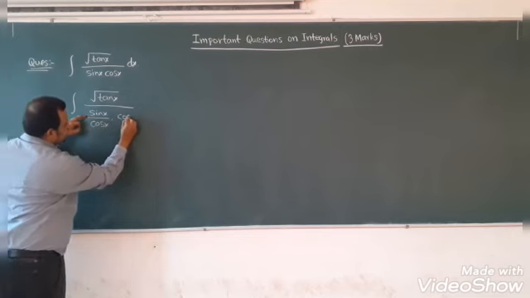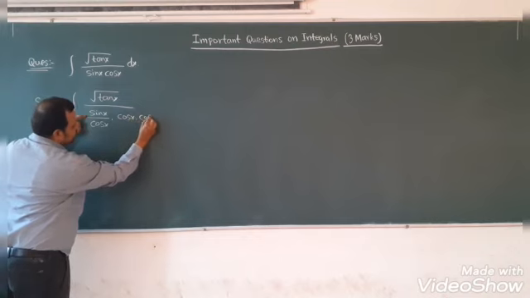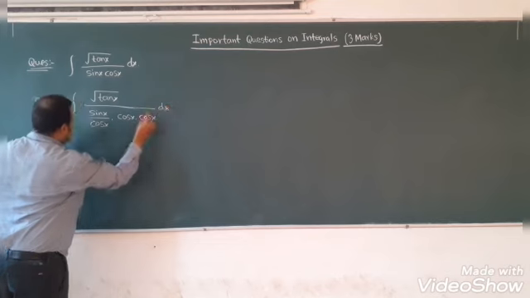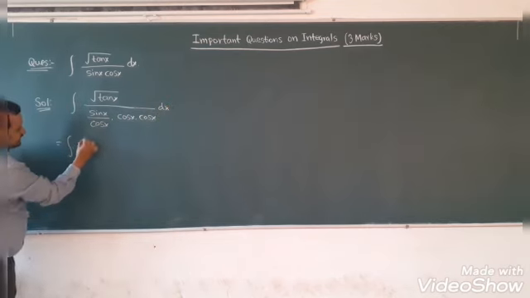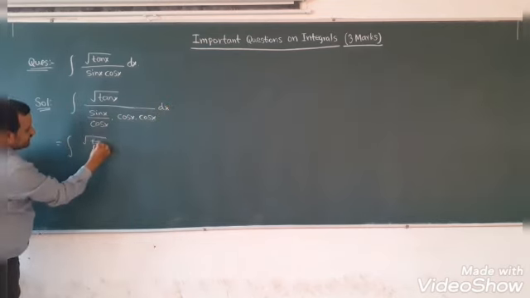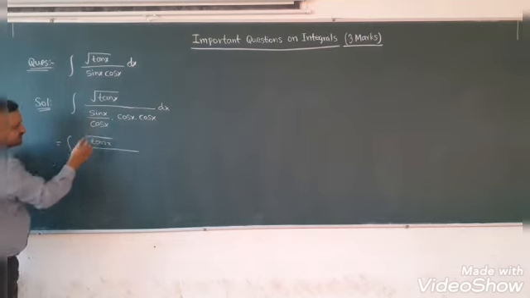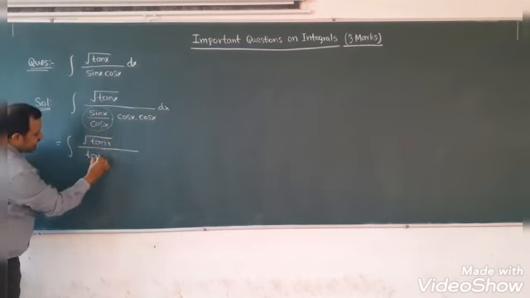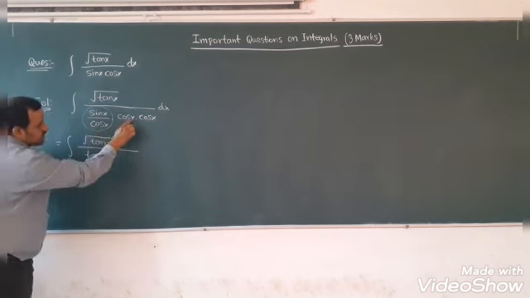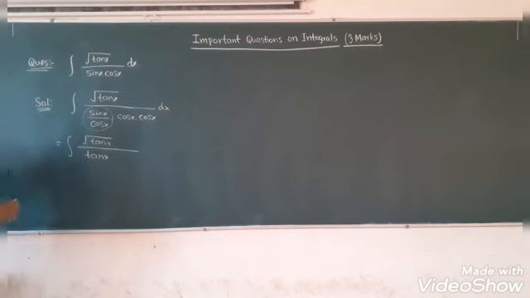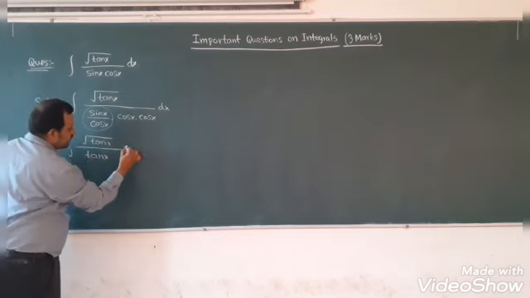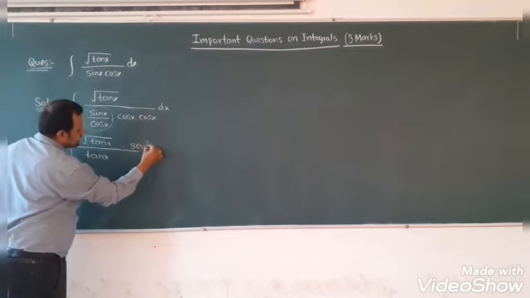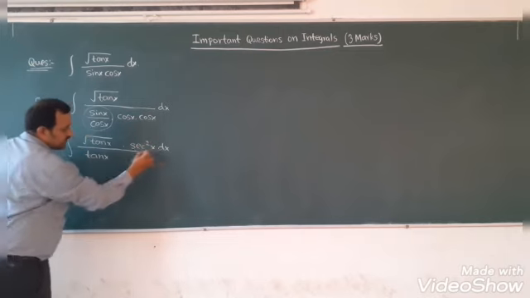Already one cos x is there, so one cos x will come here. Here I will say dx. Now this we can write as root over tan x divided by, now see, sin x by cos x. So sin x by cos x we can write as tan x into cos x into cos x, cos square x will go up and it will become secant square x dx.